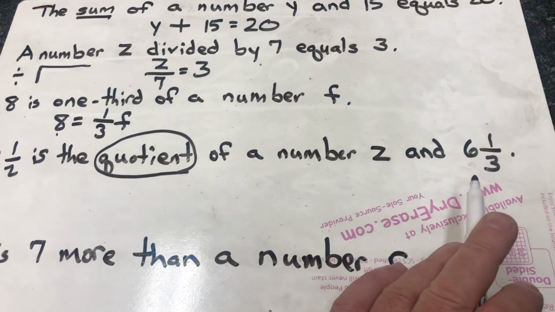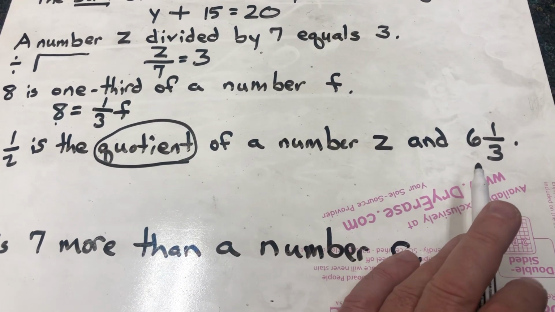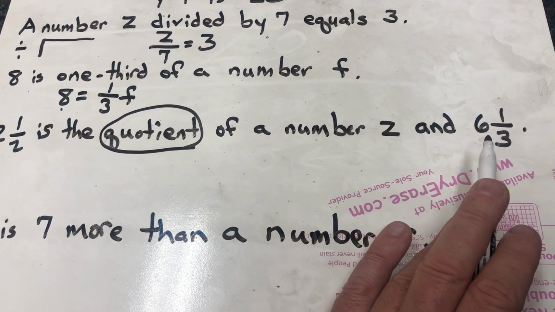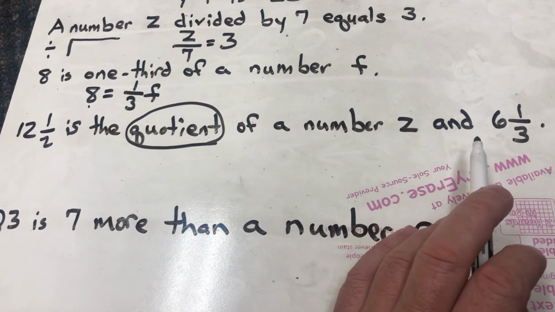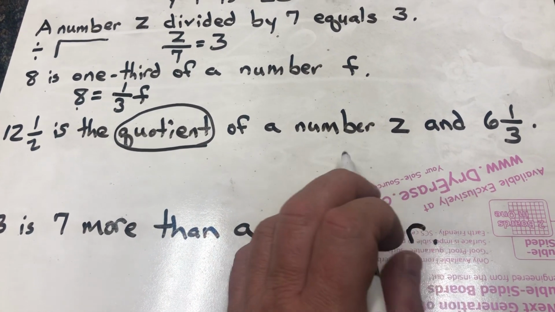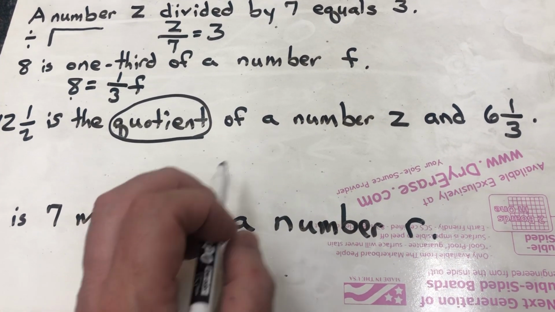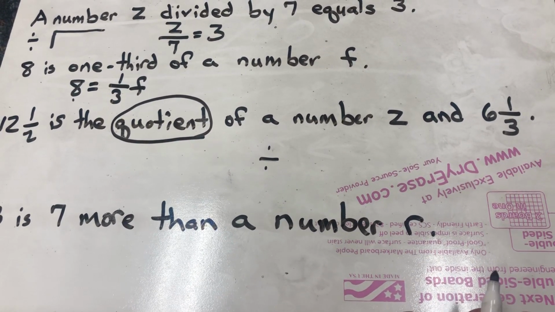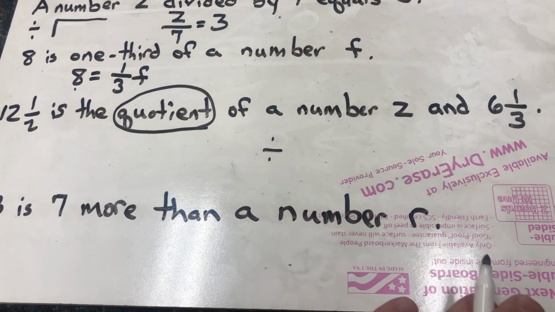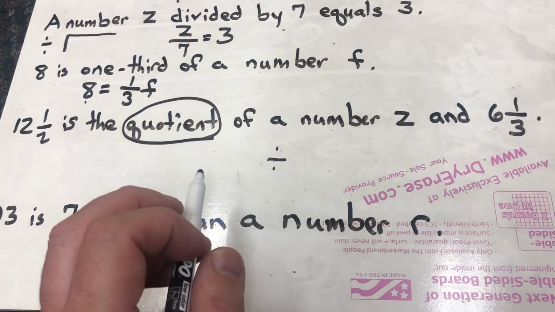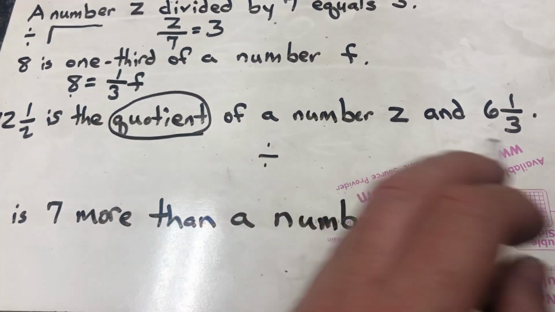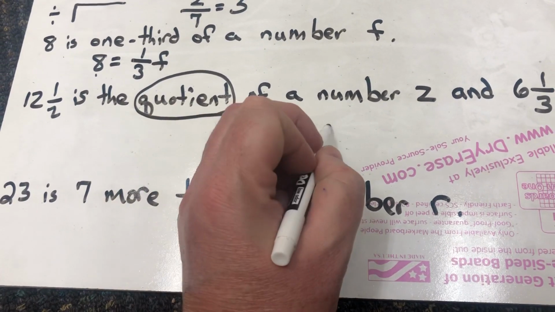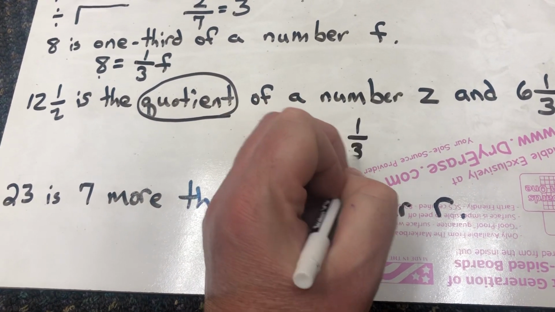Here I have a mixed number, and I'm not going to put a mixed number within a fraction. So here's an example where I'm just going to go ahead and use this division sign. Sometimes we have to bring it back, but we just have to know the appropriate times. And it says the quotient of a number z and 6 1/3. So this is going to be z divided by 6 1/3.